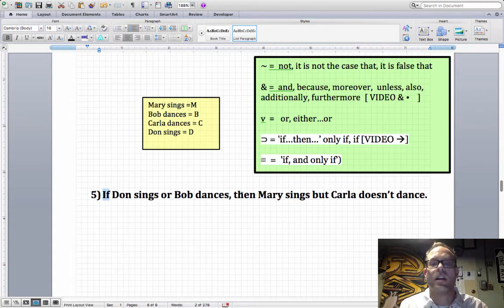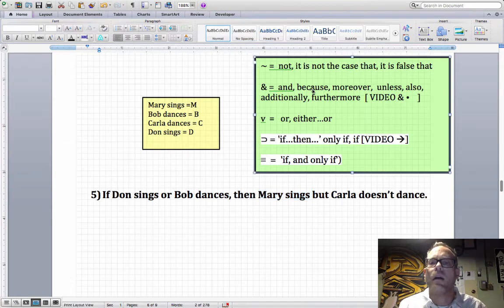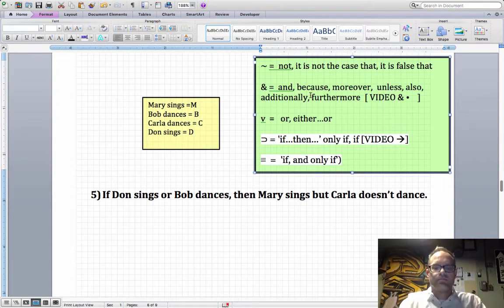So D wedge B, then, that's our arrow, telling us that we're moving into the consequent of the conditional. That is the second part of the conditional. Then, Mary sings, but Carla doesn't dance. Okay, well, but is a conjunction. I should have put it in here and I apologize.